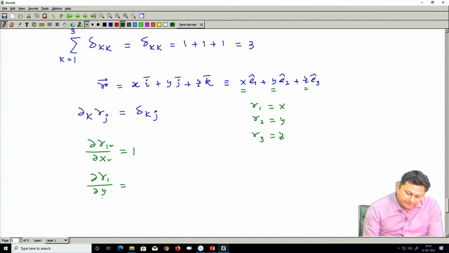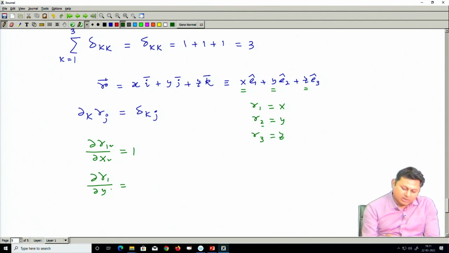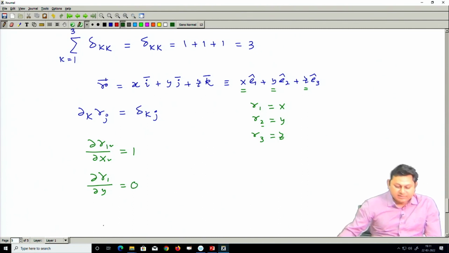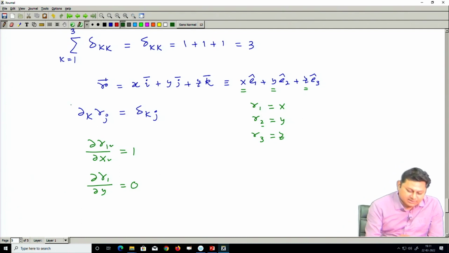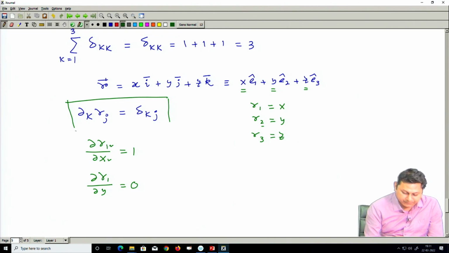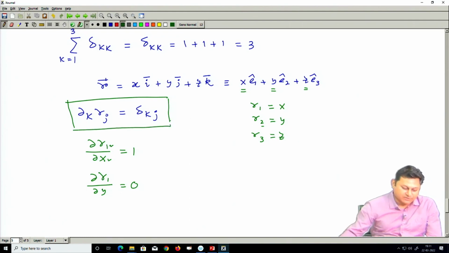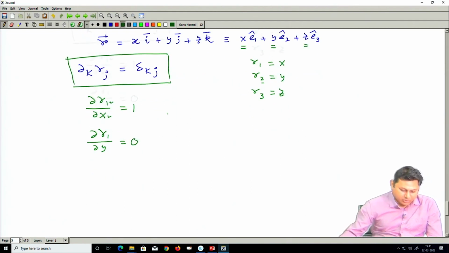Here y is 2, so in this formula k is 2 and j is 1, delta 2 1. So it should be 0, and so on. You can please check it and you will find how this relationship holds for position vectors.